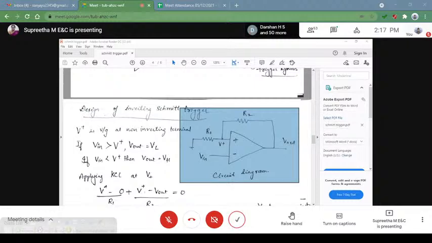Initially V out is equal to VH, and let us consider V plus to be equal to V1 when the output is equal to VH.